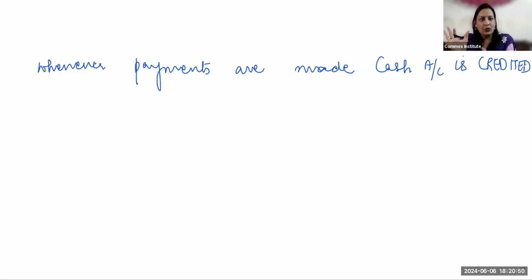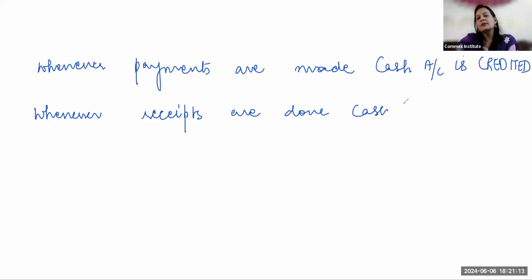Is this language clear? Whenever we put an amount on the right-hand side of the cash account, we say the cash account has been credited. And whenever receipts are made, the cash account is debited.